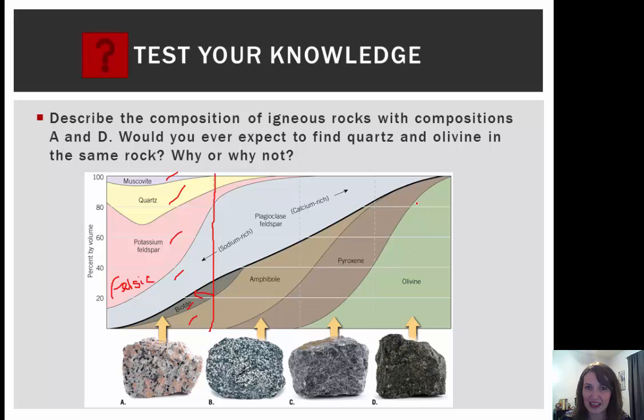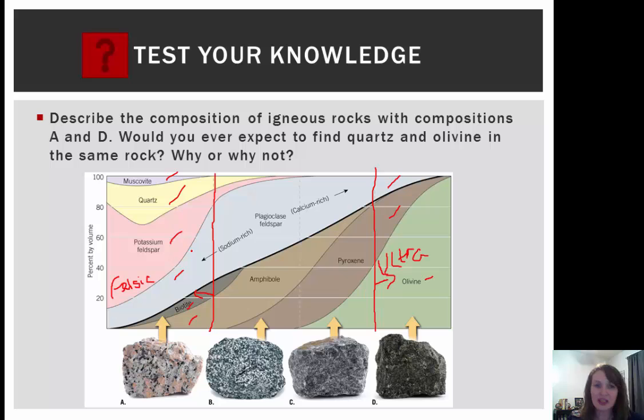Alright, now at D, that's going to be this sample, and we're looking at it in this direction. So it could have sodium-rich or calcium-rich feldspar, it has pyroxene, and it has olivine. So this is going to make up our ultramafic rocks. Now, would you ever expect to find quartz and olivine in the same rock?